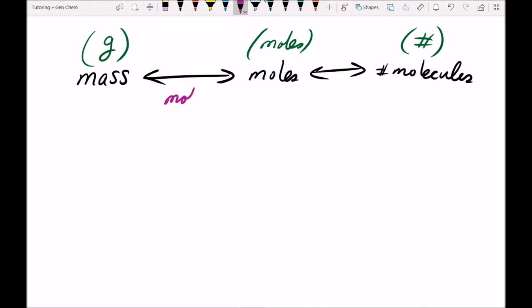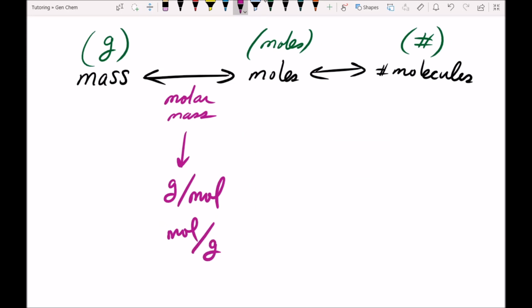But what that conversion factor is, is the molar mass, because that is in grams per mole, or if we get the inverse, that's just moles over grams. And in this way, we can eliminate moles or grams, convert from mass to moles, or moles to mass.